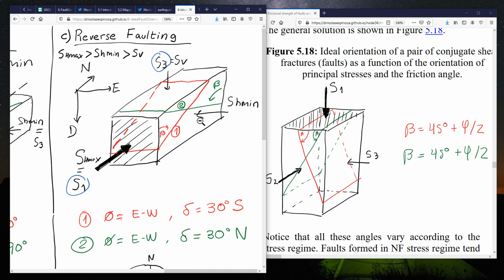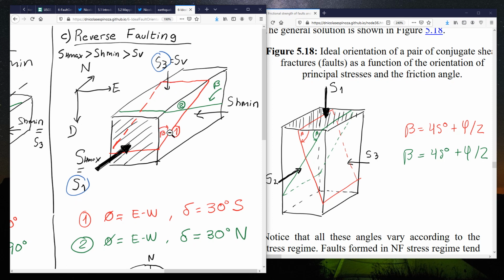And we also see that in this case, the intermediate stress, SH mean, is contained in the plane of the fault, and the intersection of this line, for example, with the direction of the minimum or least principal stress, they have to be perpendicular to each other, and that's what in this case gives me the strike.